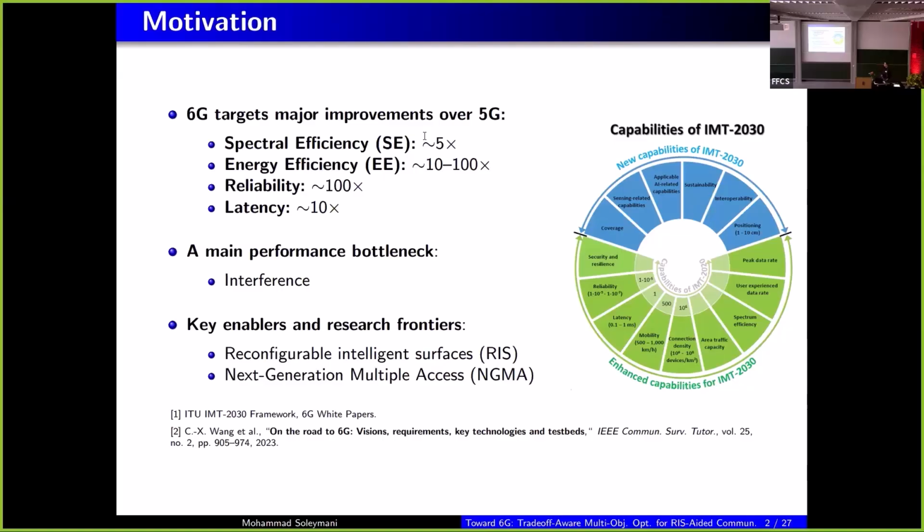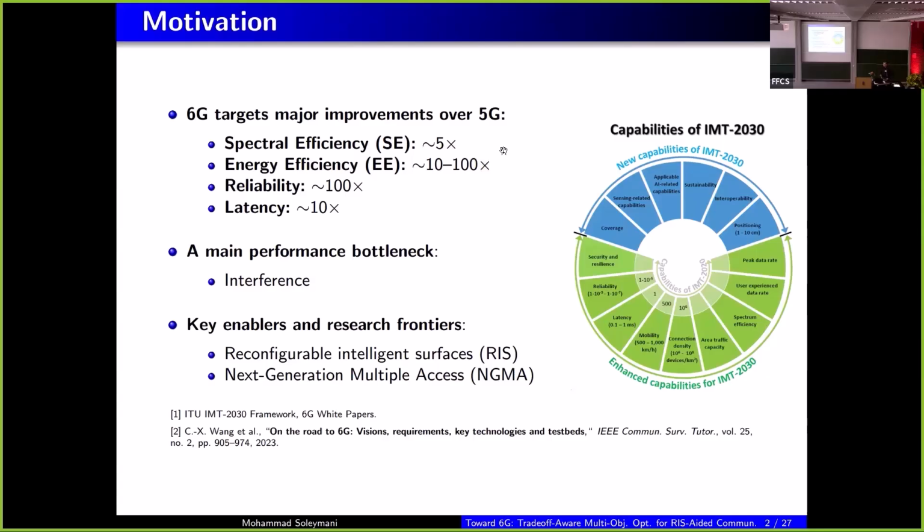In particular, for IMT 2030, you can see, for instance, in this figure, how the spectral efficiency should be improved on the order of 5 times, and energy efficiency even up to the order of 100 times.